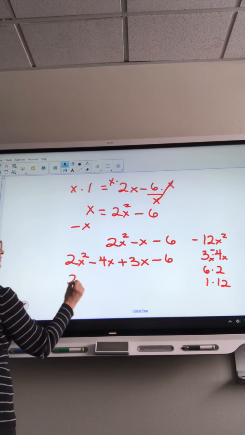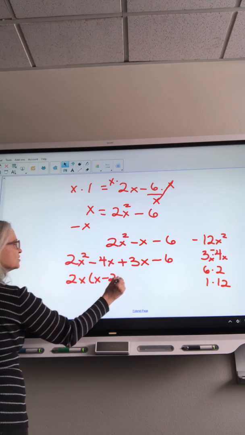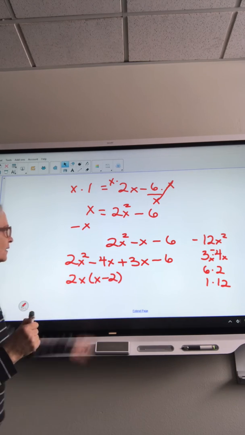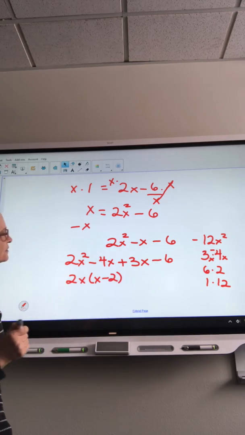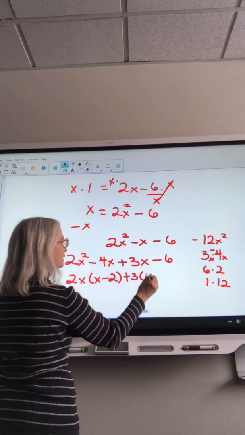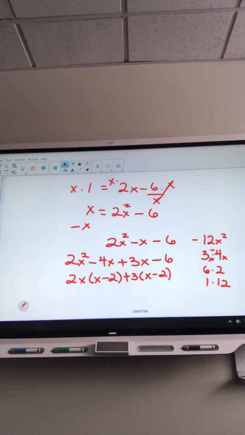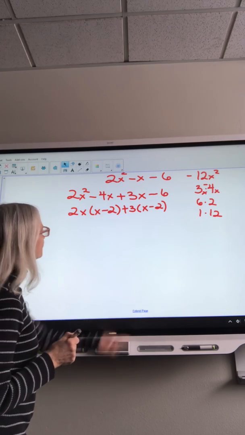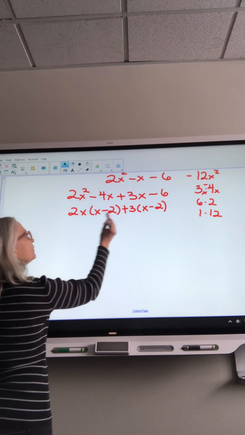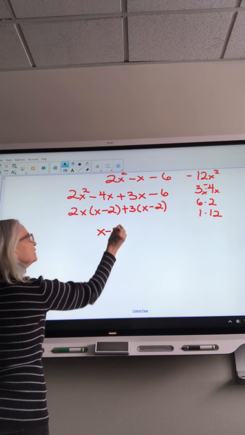So we factor out the 2x, so we've got x minus 2. Then we look at the 3x and the negative 6, so we're going to factor out a positive 3, which gives me 3 times x minus 2. So the binomial common factor is x minus 2.